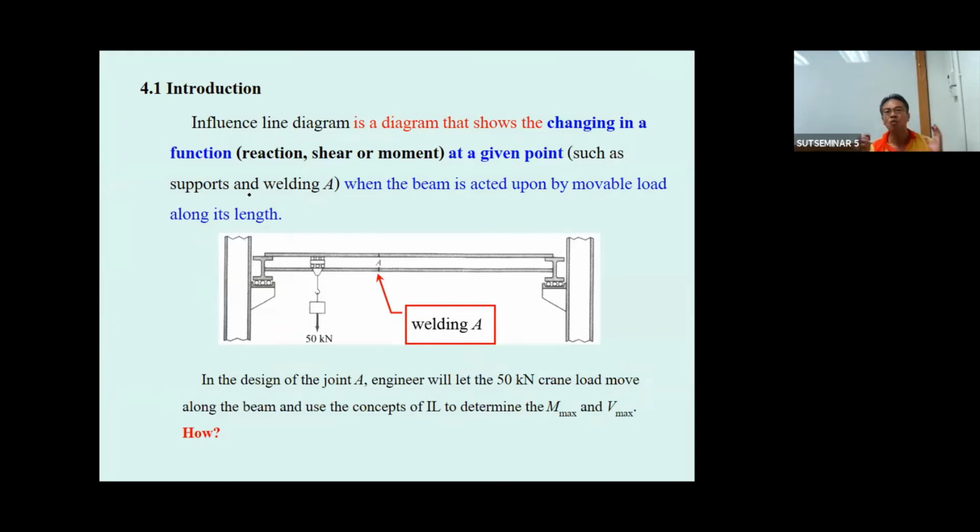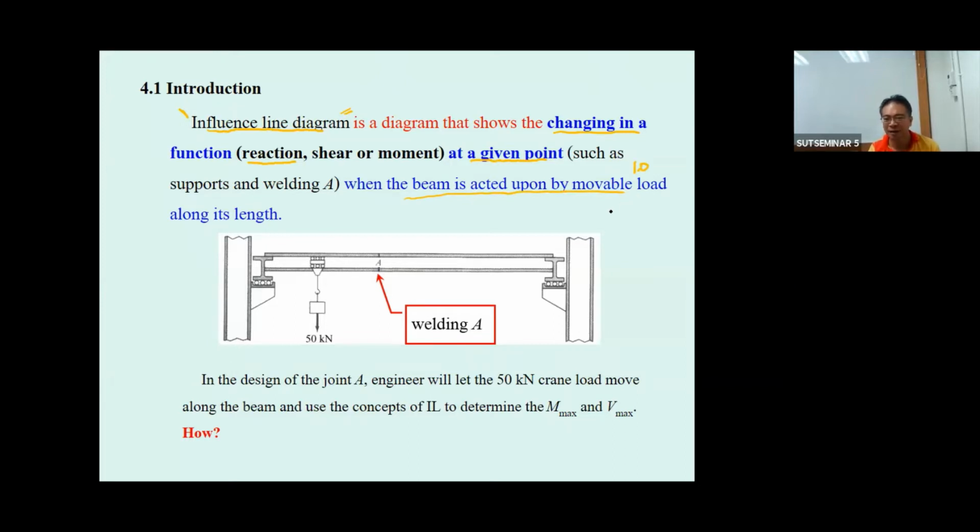So what is the influence line? Okay, in short it is just the diagram that shows the change in, for example, the reaction at a given point when the beam is subjected to a moving 1.0 load along its length.